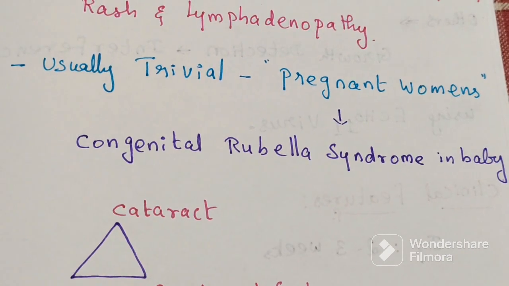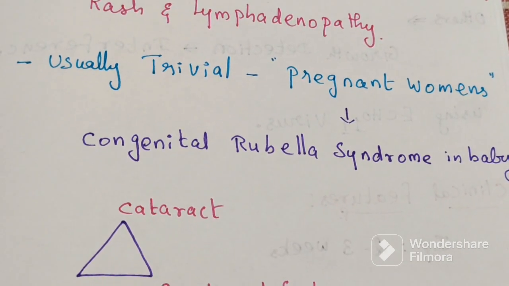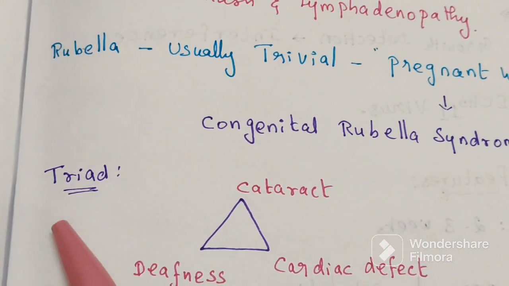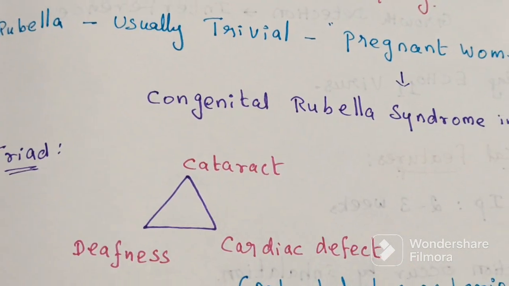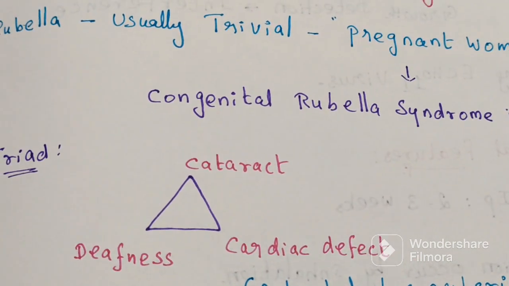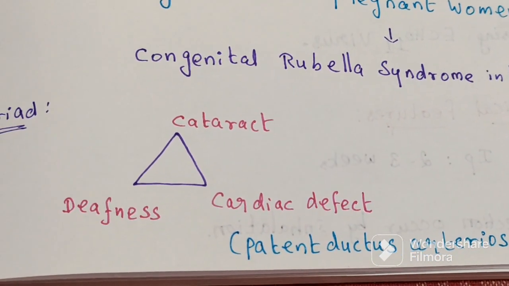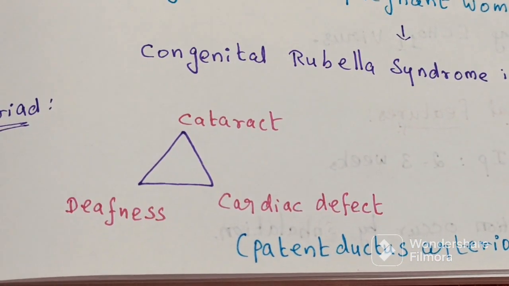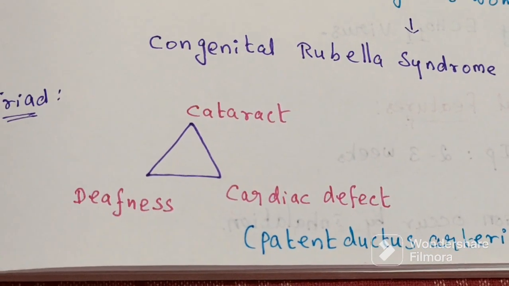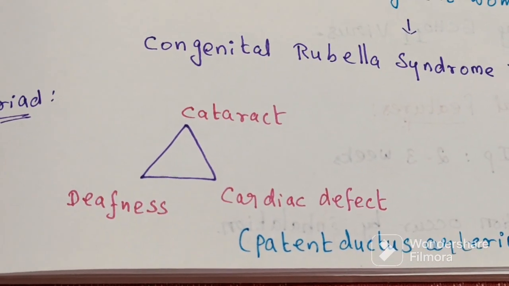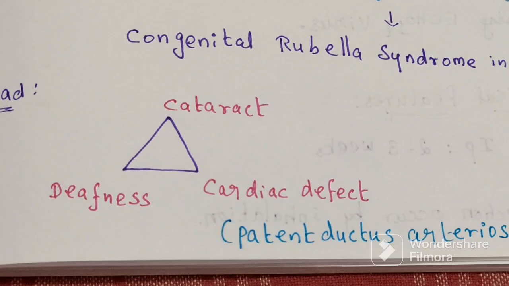The congenital rubella syndrome is made of a triad: cataract, deafness and cardiac defect.